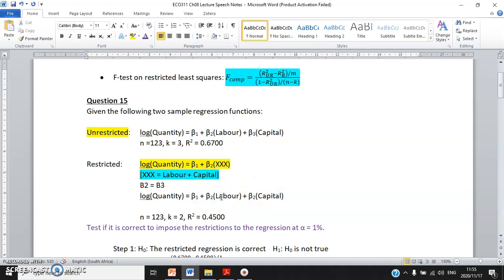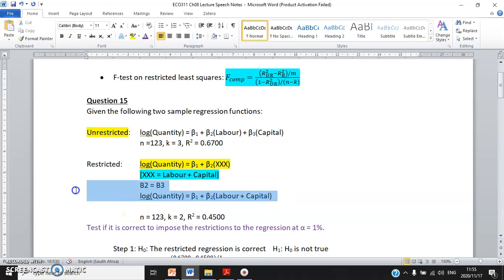Remember from your primary school level economics, you can take out the common factor. Then you can actually rerun the regression in this way. Just add labor and capital together. And then I just call it XXX, which is equal to labor plus capital. And this is how I can transform the regression into this way. Log of quantity is a function of XXX, and XXX equals the sum of labor and capital quantity.